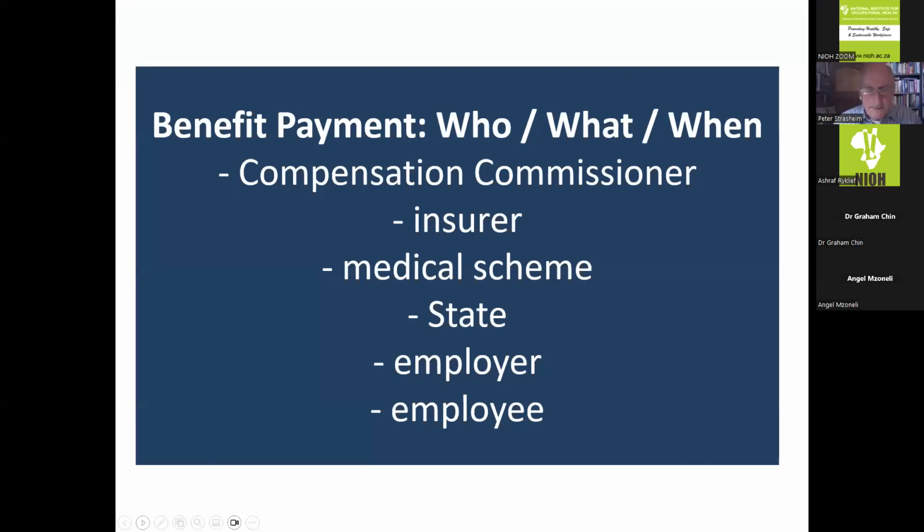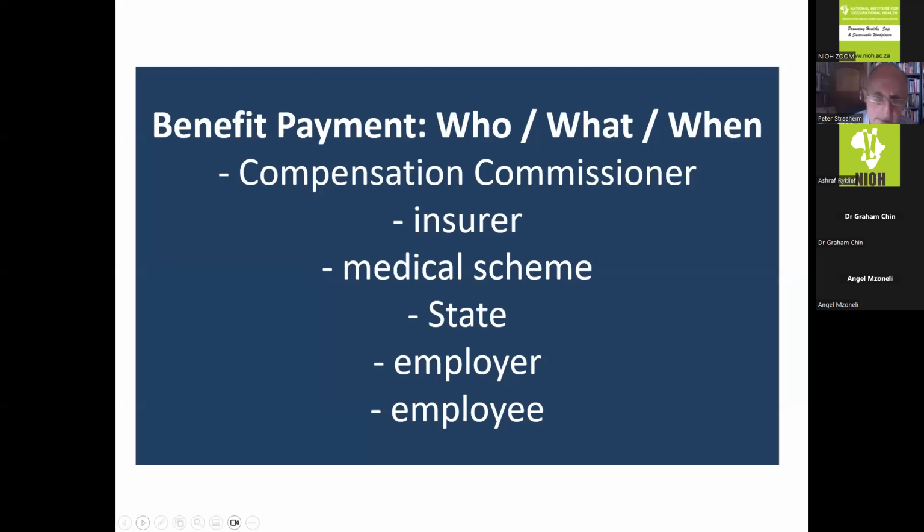My other thing I was asked to deal with was about payment in relation to all the sequelae from COVID-19, which of course apply equally also to people living with other diseases and injuries. Let's go through them. We're going to look at the compensation commissioner, insurer, medical scheme, the state itself, the employer, and the employee.